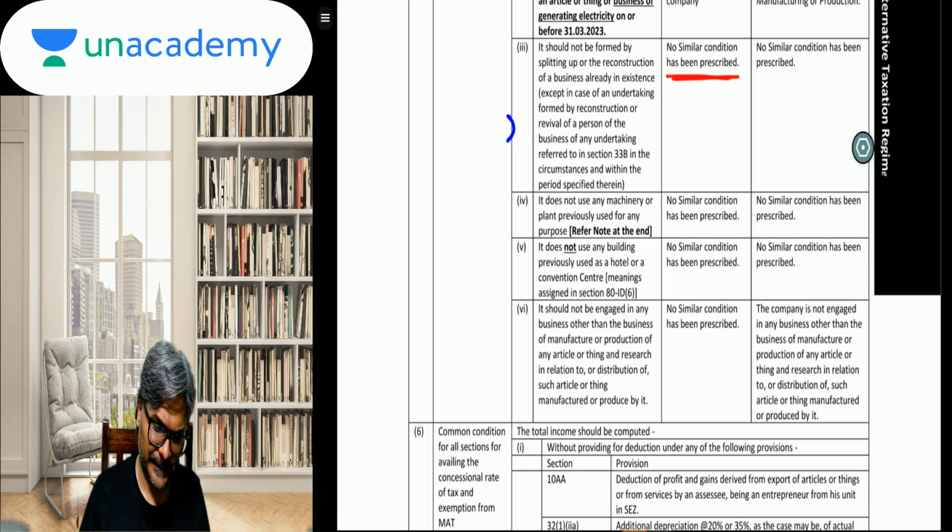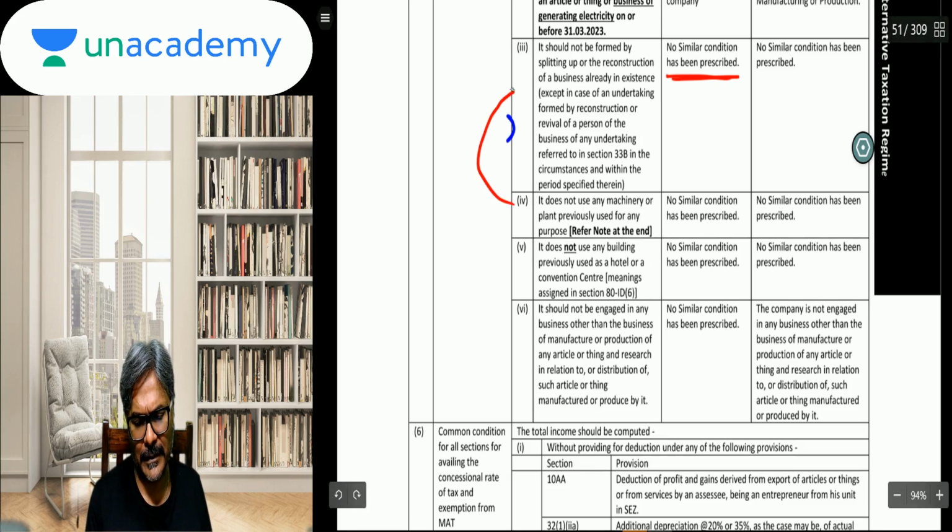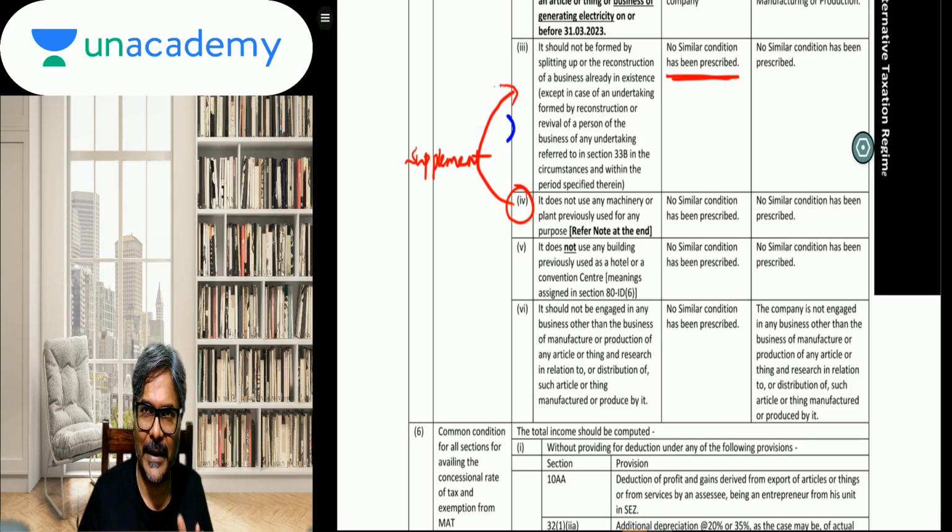After this, it does not use any machinery or plant previously used for any purpose. Now students, this condition is to supplement the above condition, complementing the above one.